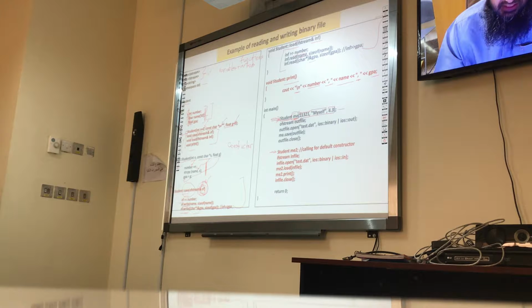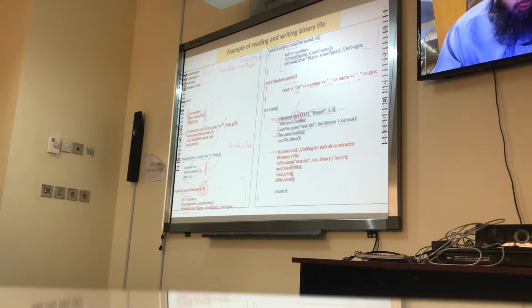Now that I have the object created, whose name is me, I create an output file stream. Through these two commands, I'm creating an output file stream, and I give the file name and say that I want this to be a binary file and so on. Then I simply say me.save with this output file stream.